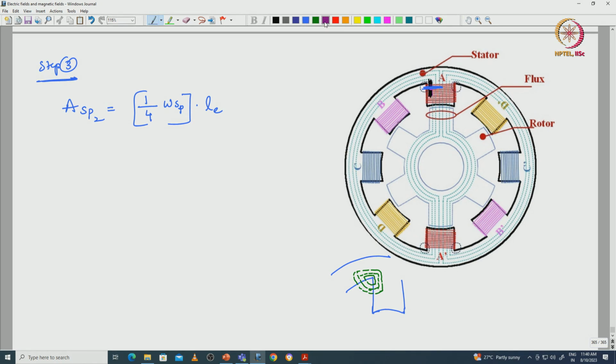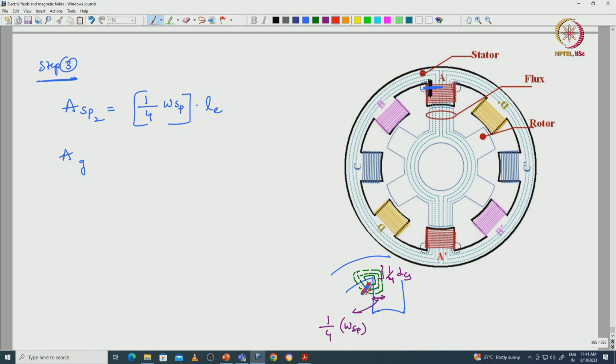So, this width is nothing but 1/4 of the width of the stator pole I assumed, and this width also, and to calculate the area, 1/4 of DCS, that is the width of the back iron, we can assume. Based on that we can calculate the area with respect to the air gap region of the slot region. This region's area we have to calculate.